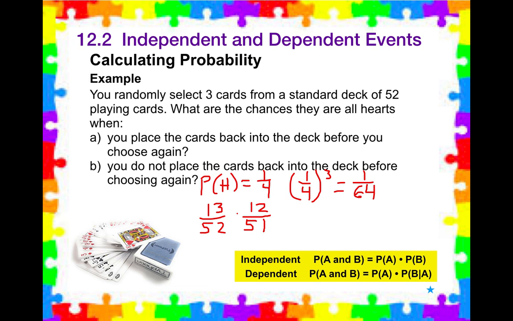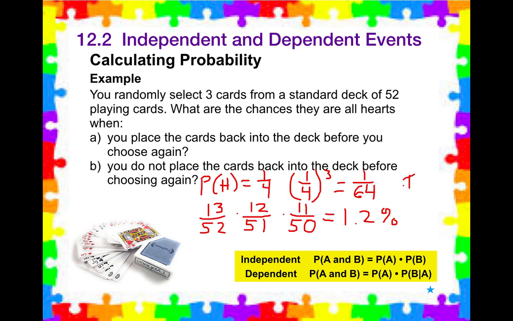And then when you've taken that card out, you have 11 hearts to choose from, but only out of 50 cards. So if I multiply all 3 of those together, then I get 1.2%. So you have a 1.2% chance of choosing 3 hearts in this scenario where you don't place the cards back into the deck.